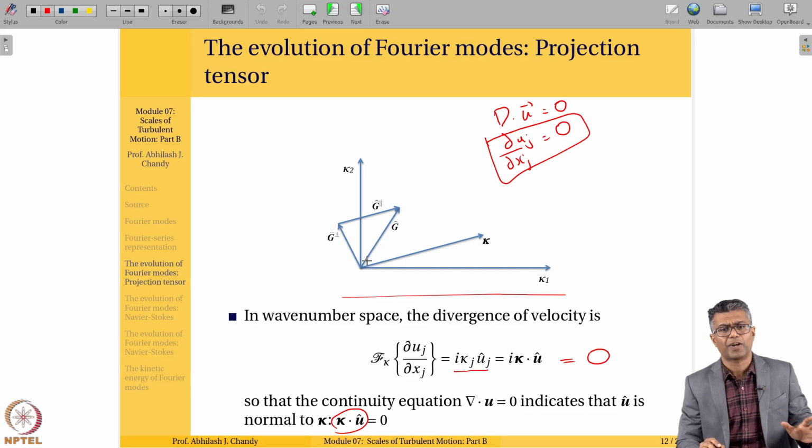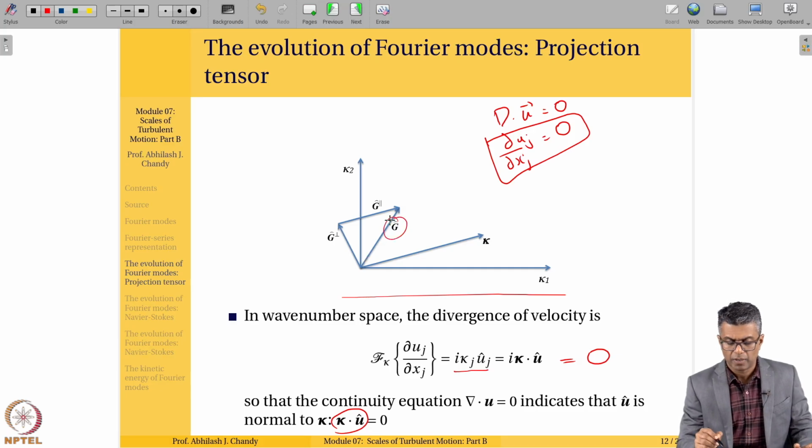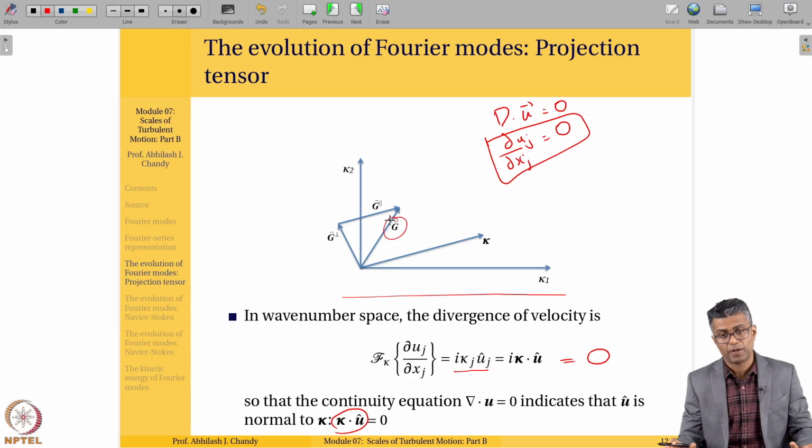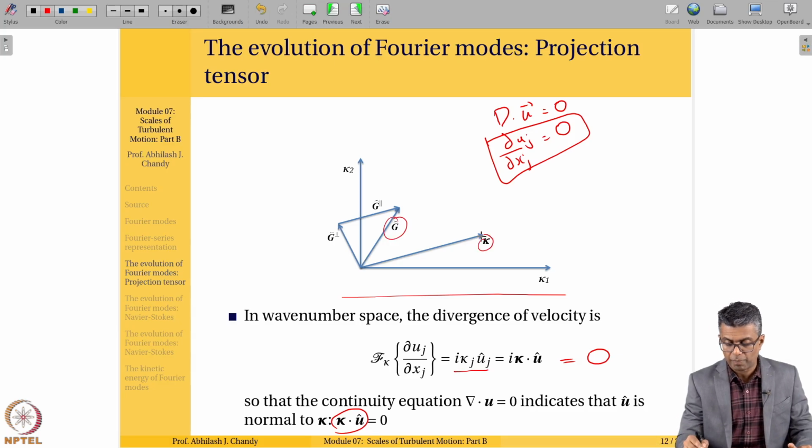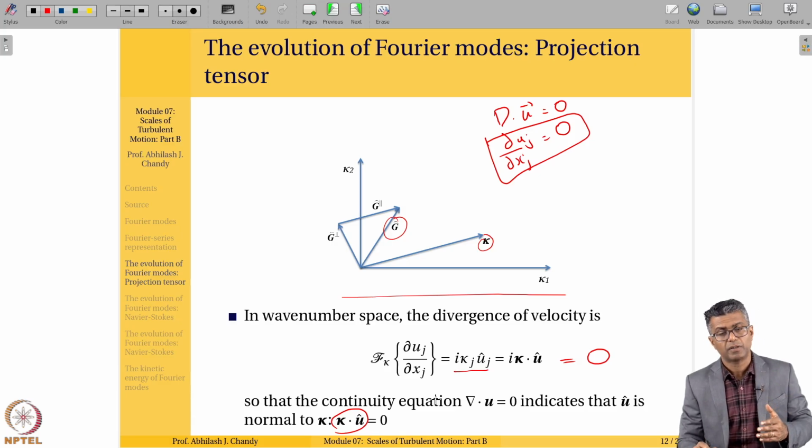So any arbitrary vector g hat has an arbitrary orientation with respect to the wave number vector. This is your wave number vector, but we decompose the g hat in such a way that you have g hat parallel and g hat perpendicular. G hat parallel is parallel to the wave number vector, and g hat perpendicular is perpendicular to the wave number vector.